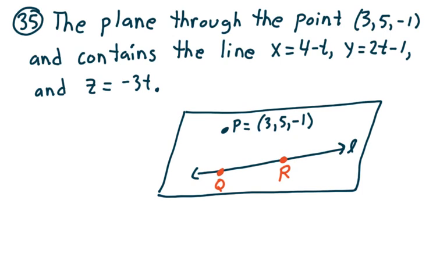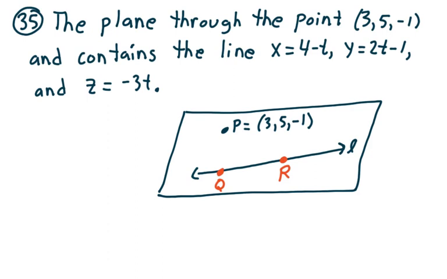And I'm going to reduce this question to finding the equation of the plane through the points P, Q, and R. So let me say that again. This is what we have now. It says find the equation of the plane through the point 3, 5, negative 1 and contains the line.